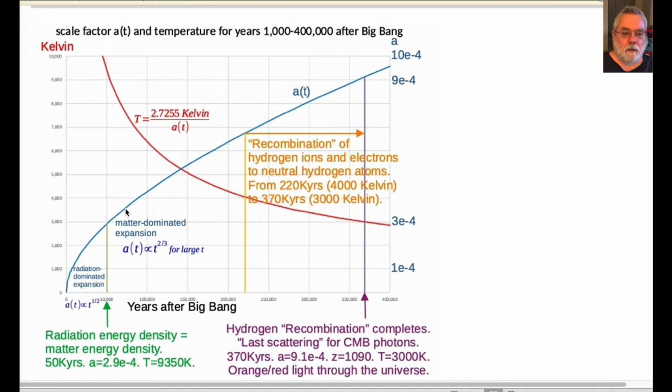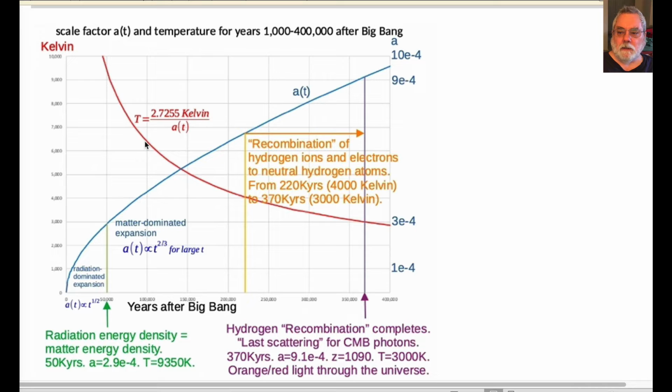The blue curve curves downward. Radiation temperature, the red curve with scale at the left, is proportional to 1 over the scale factor, so is falling significantly.